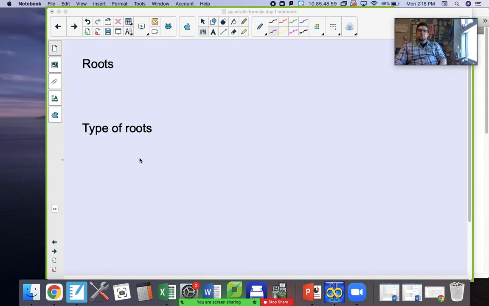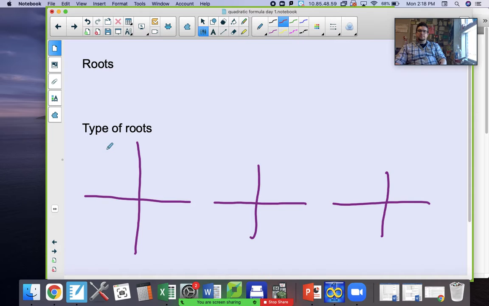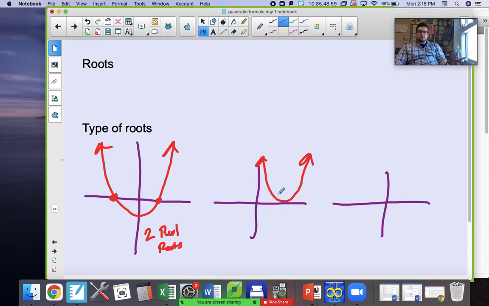So the types of roots that we can see with parabolas, if I draw three graphs here, one, our parabola clearly crosses the x-axis at two places. That's two real roots. If our parabola just comes down, touches the x-axis and turns around, so our vertex is right there, that's known as a double root.